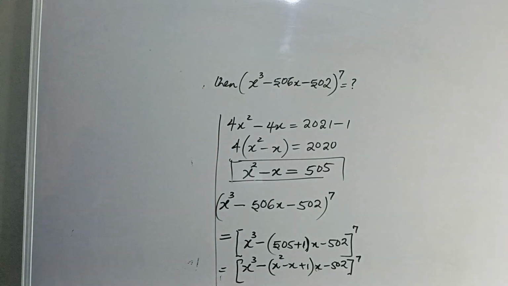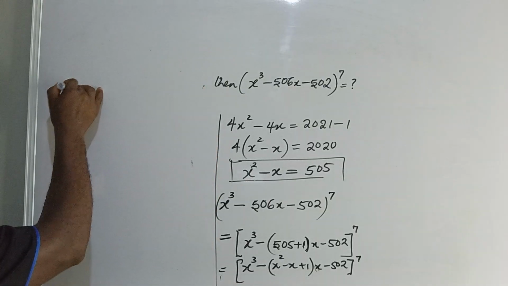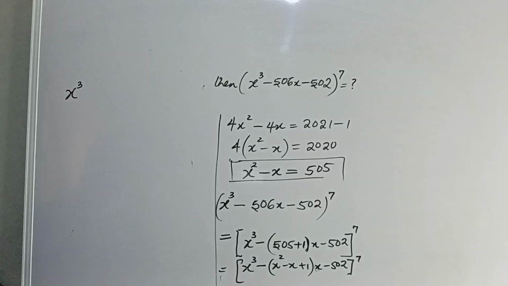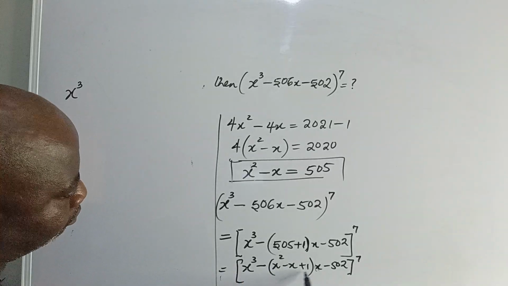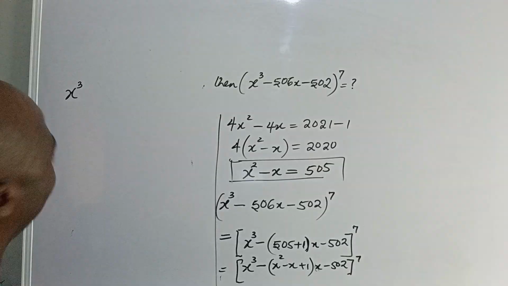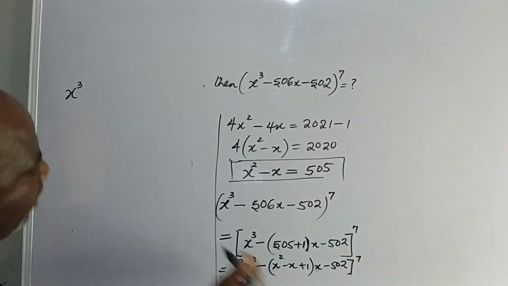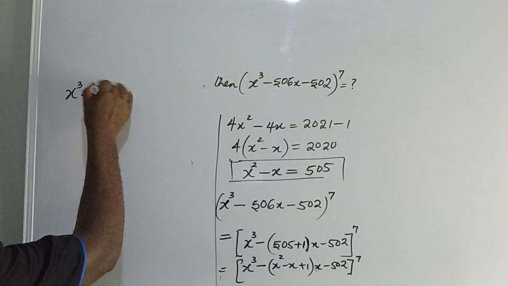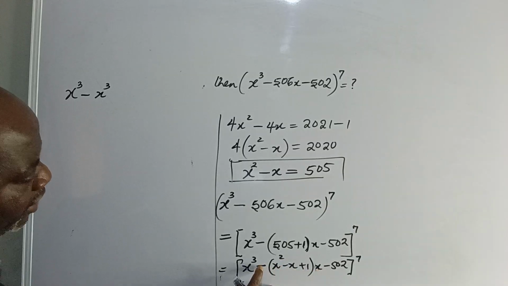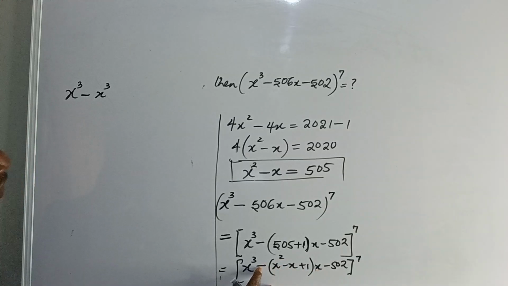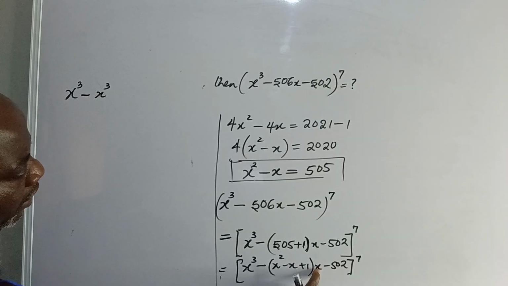If I continue on this side, I have x cubed, and now I open up these brackets. So I'm going to have minus x cubed, since x squared multiplied by x is x cubed. Then we have this minus 1 here, so the next term is x multiplied by x, that's x squared.